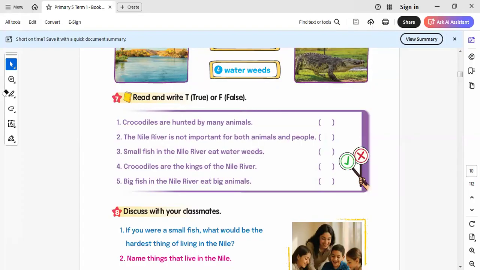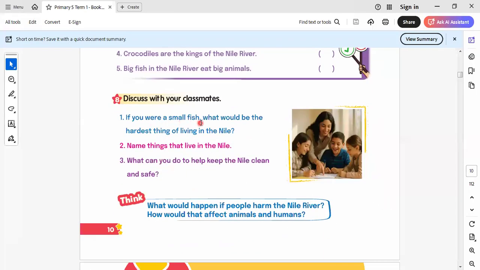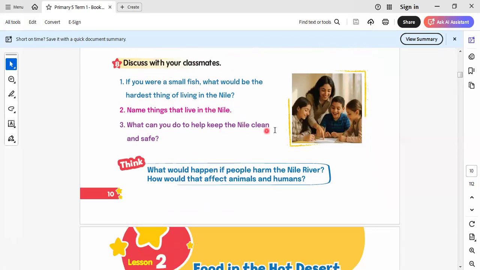Let's go to another one here. Here we say, if we were a small fish, discuss with your classmates. So here we have a project, and we do it with our classmates. If we were a small fish, what would be the hardest thing about living in the Nile? Name things that live in the Nile.